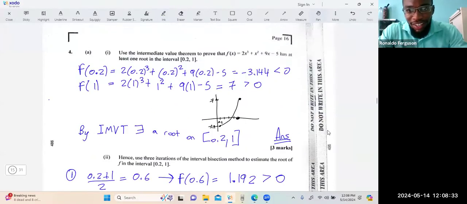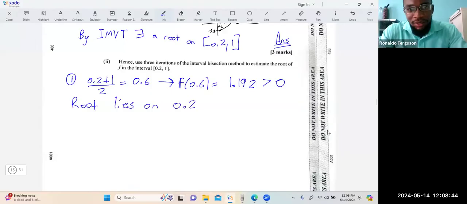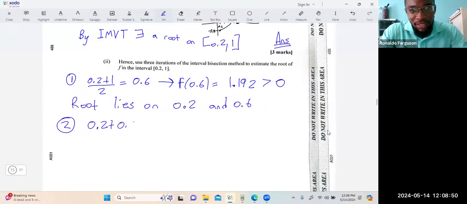So my estimate was wrong already. I was estimating 0.7. So the root lies between 0.2 and 0.6. Now the second bisection: 0.2 plus 0.6 is 0.8, divided by 2 is 0.4.